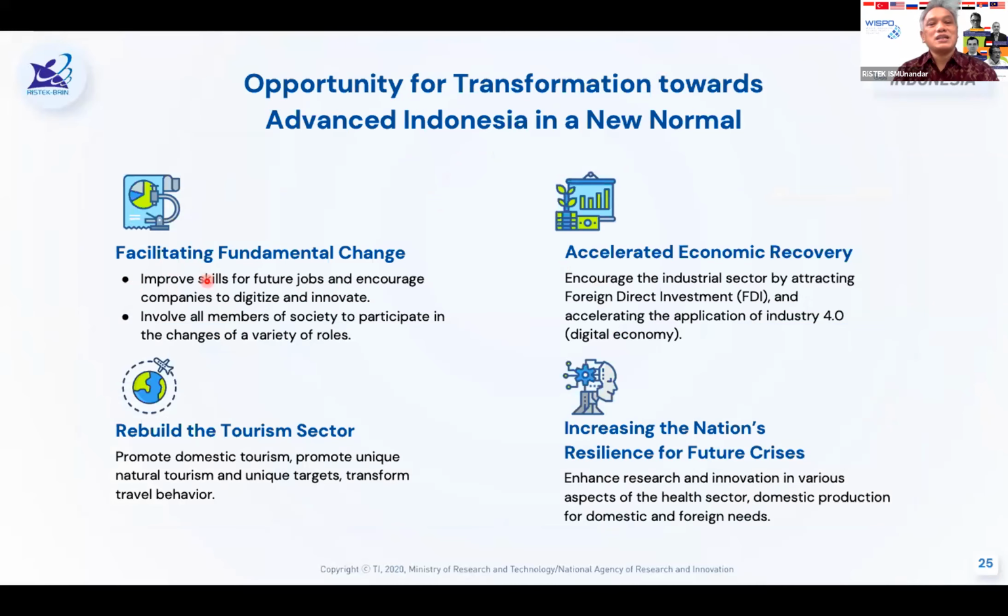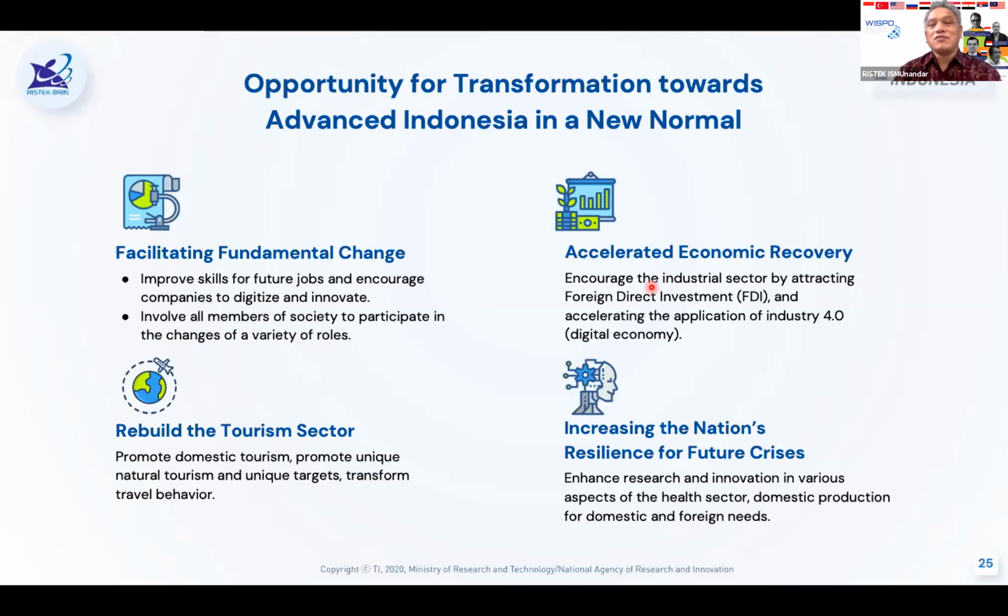For example, facilitating fundamental changes, how to improve skills for future jobs and encourage companies to digitize and innovate, because we believe that the future will be more digital, will play a more important role in the future. Involve all members of society to participate in the change in various roles.